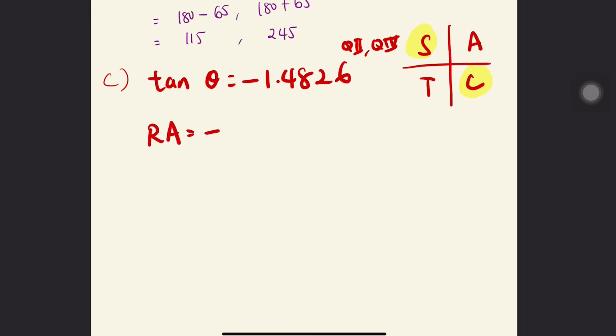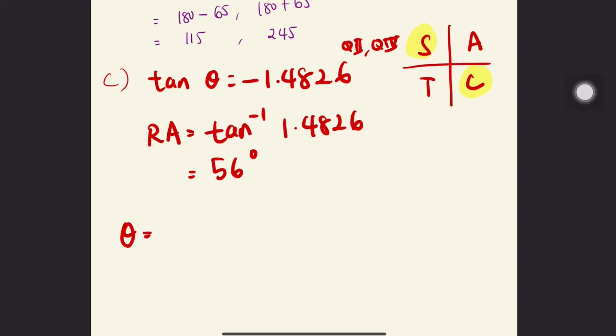Okay, next, cari reference angle. Shift tangent 1.4826. Okay, so press your calculator and you will get 56 degrees. So your theta is second and fourth quadrant.